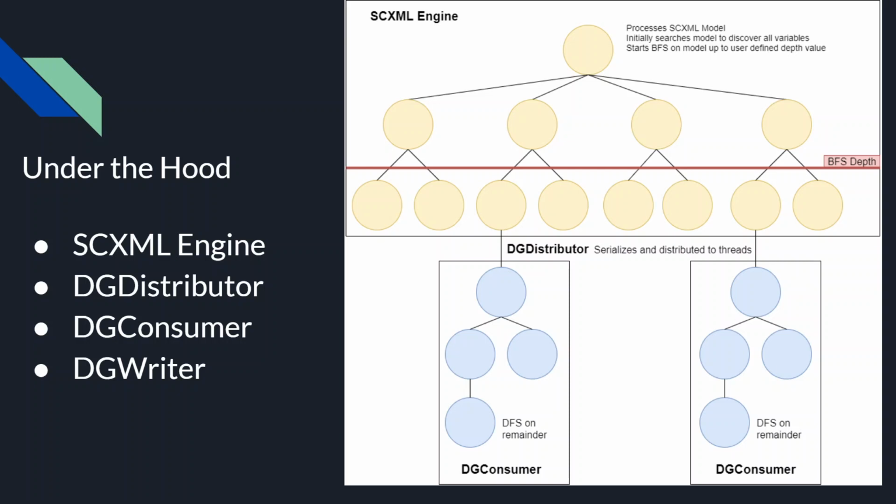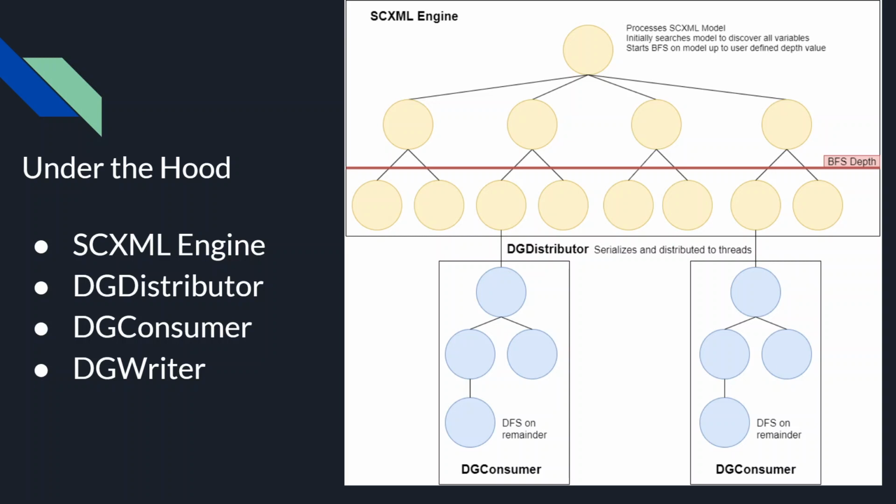It will then create a default map for this data point with each of the variables initially assigned to just an empty string. Next, the engine will start a breadth-first search on the model up to a user-specified depth, which is shown in the diagram just where the red line is. So in this example, the specified depth was just 1.